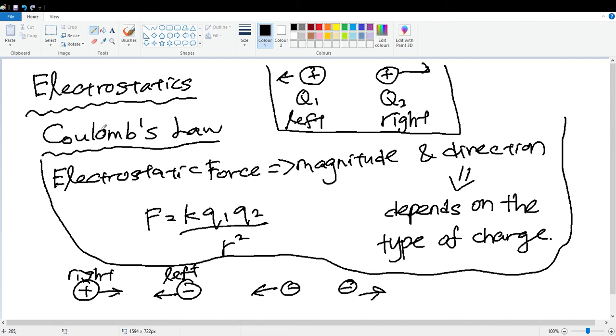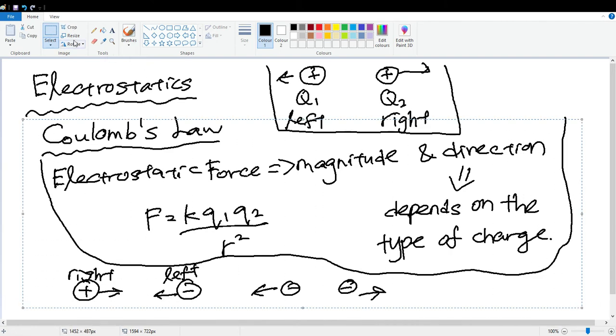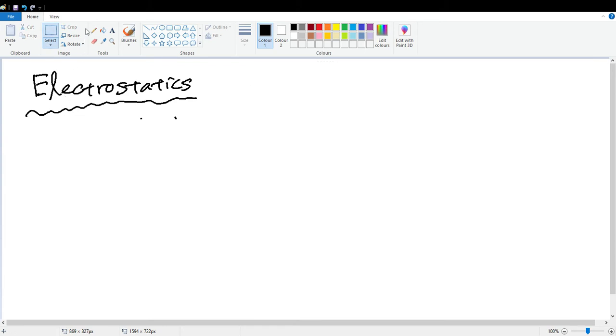So we have done the definition of Coulomb's law, which defines electrostatic force. Let's look at the differences.